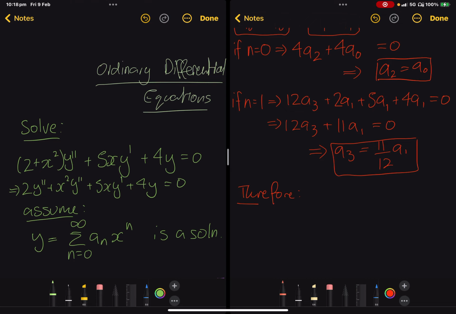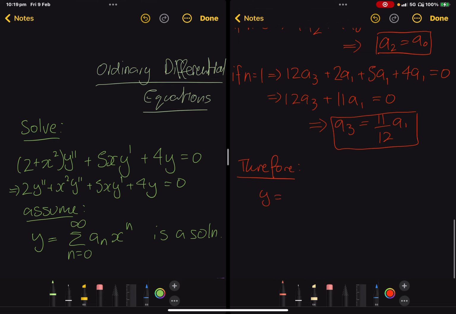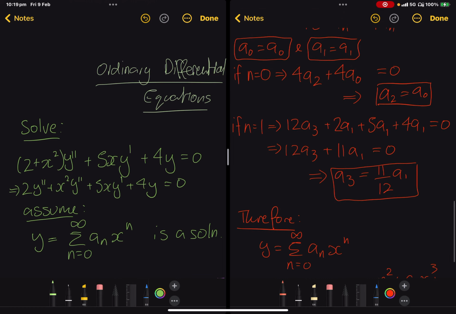So therefore, y equals the sum from n equals 0 up to infinity of a n x to the n, which ends up being equal to a0 plus a1 x plus a2 x squared plus a3 x cubed, and so on. But we now have values for some of these terms.